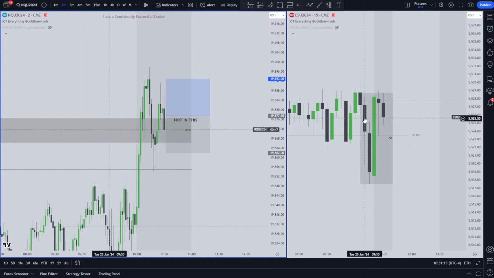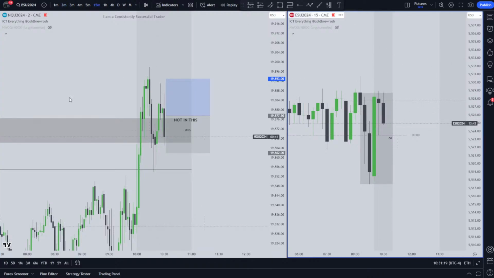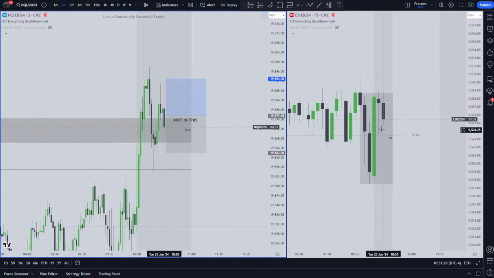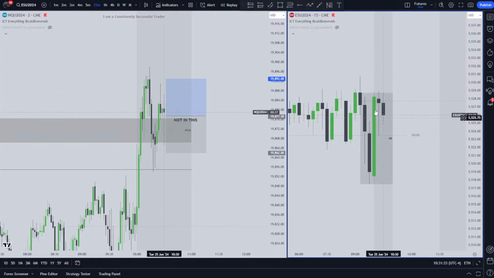I'll add this to the list of importance of needing to see that extra PD array. Look, if this hits stop loss now, not my stop loss, but whatever we've got drawn here, then this confirms in my mind that I was right about needing to see that order block.